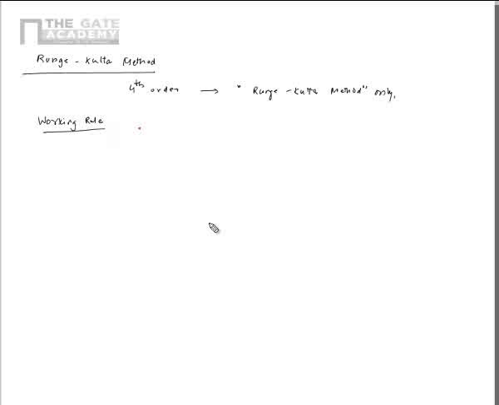Given that dy by dx is f of x comma y and y of x naught is y naught, that is what is given. Now this method approximates y1 as y naught plus k, and k is called the increment of y corresponding to an increment h in x.